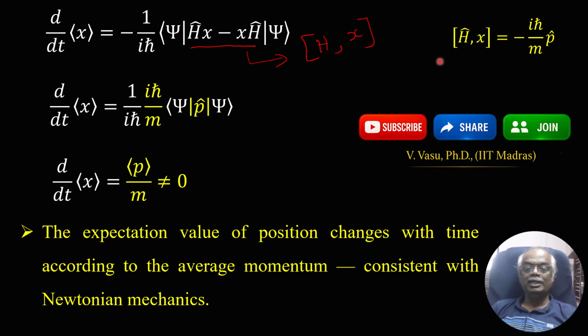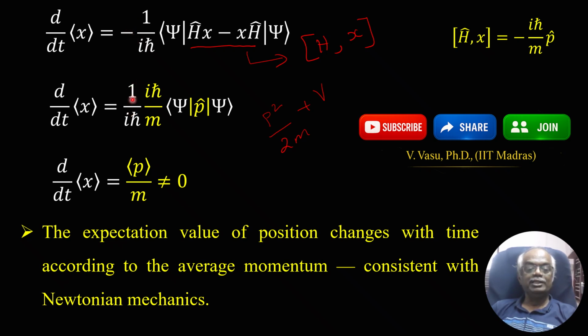You can simply replace H as p squared over 2m plus V, the kinetic energy plus the potential energy. Naturally, the potential energy will commute with x. Only p squared over 2m will not commute with x. So if you replace H by p squared over 2m, you will get minus i h cross over m p. So I am replacing this. Since minus i h cross over m is a constant, here already there is one minus, which will become plus.